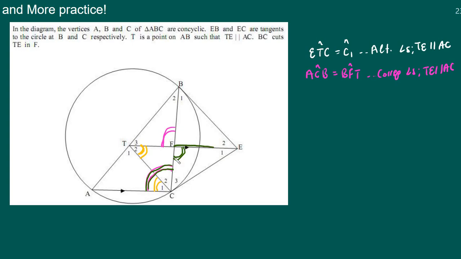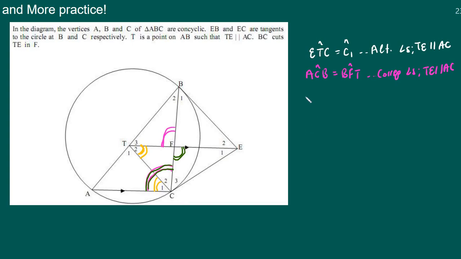It will be a very ugly Z, or your N, but the fact that FE is parallel to AC means those angles are alternating angles. And which makes sense because, remember, this BCA, the pink one, was already equal to this one, and this one is vertically opposite to this one.